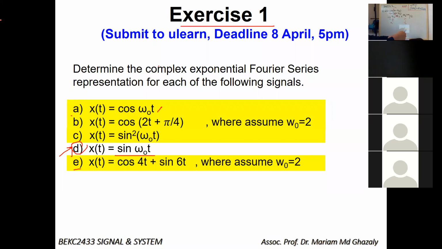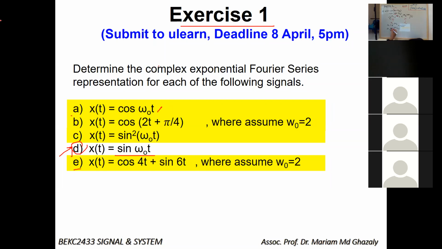In the end, A1 is equivalent to e^(j pi/4) and A minus 1 is equivalent to e^(-j pi/4). So you have magnitude 1, and phase pi/4 is what? 180 divided by 4, 45 degrees.